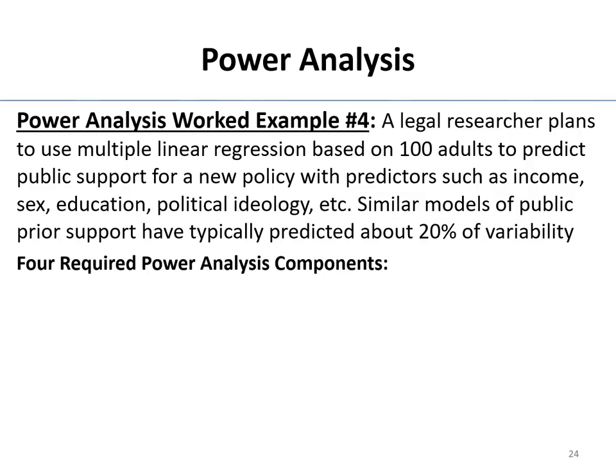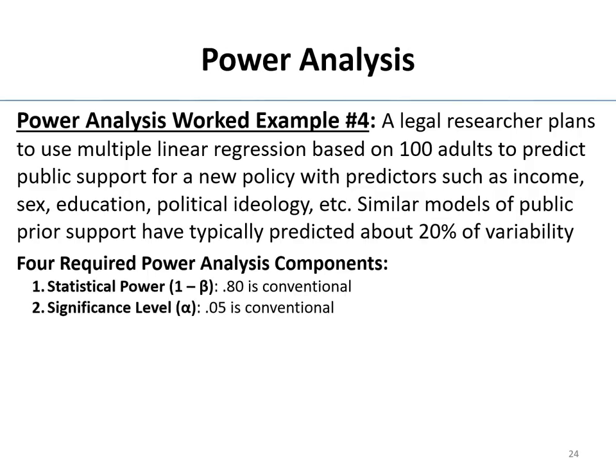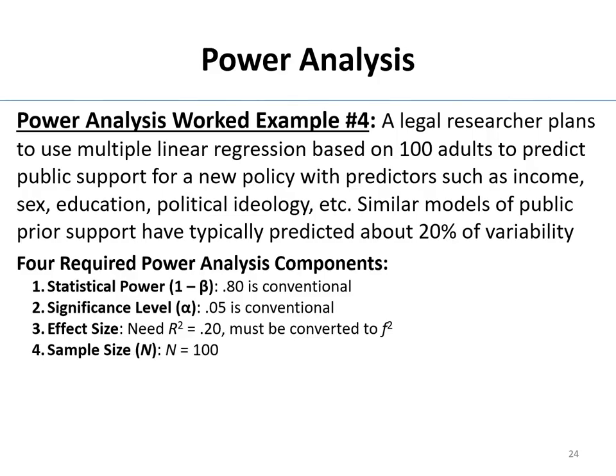So of our 4 power analysis components, we've got 0.8 and 0.05. The R squared that we would estimate, that is the percentage of variability that is accounted for, is 0.2, which is 20%. Note that this is an effect size measure, and in order to do the power analysis, we need to convert it to an effect size index.